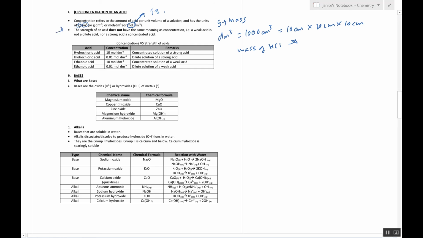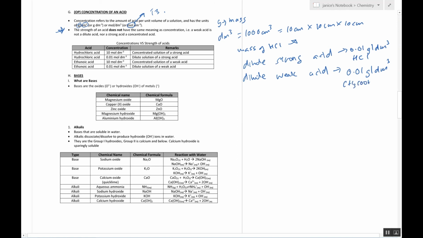Okay, please don't confuse this. The strength of an acid is not the same as the concentration. You can have a dilute strong acid. We can also have a dilute weak acid. An example of a dilute strong acid will be 0.01 gram per dm cube of HCl, and a dilute weak acid will still be 0.01 gram per dm cube, in this case your CH3COOH.